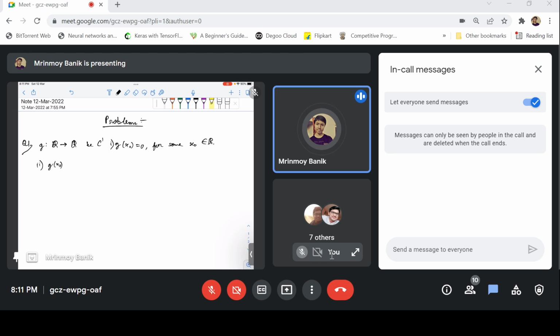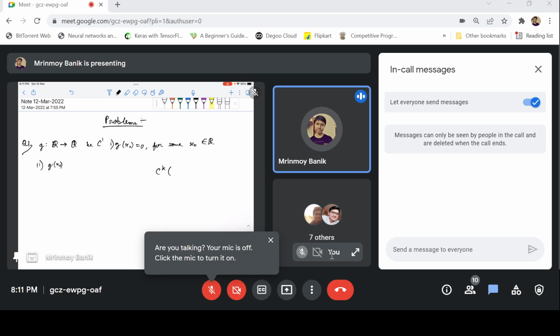So C1, in general C^k of some interval, here it's over the whole real line.